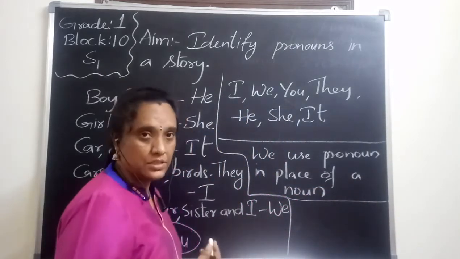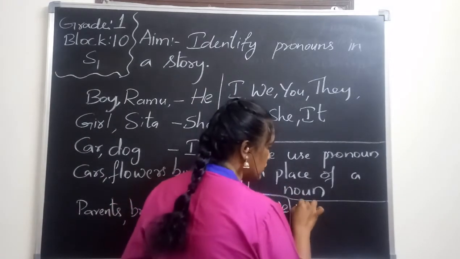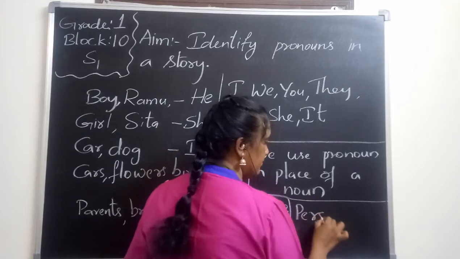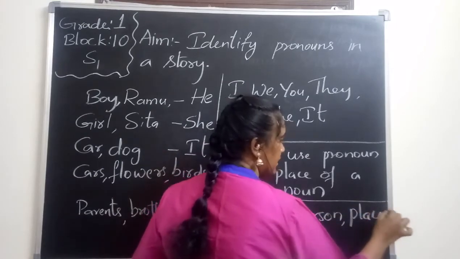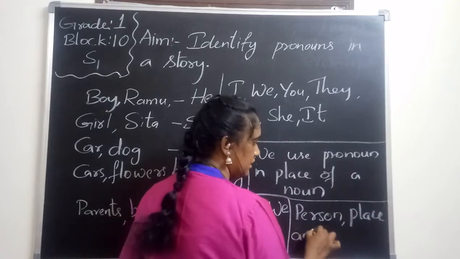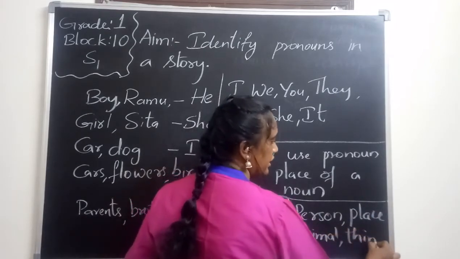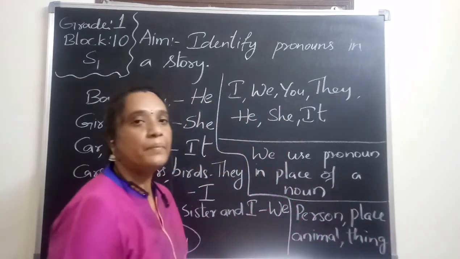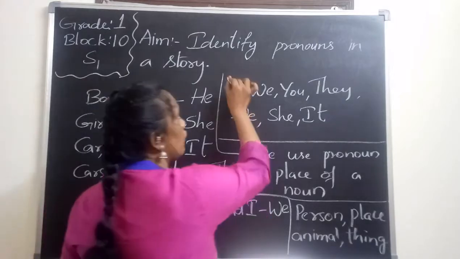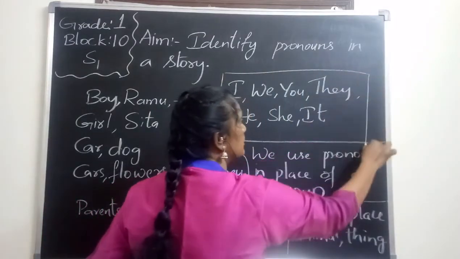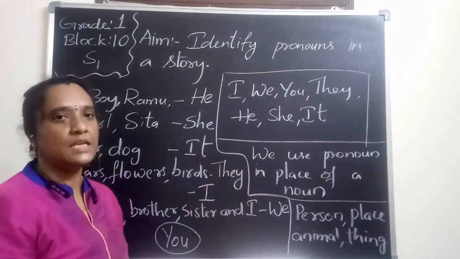Normally, for a noun, we take the names of a person, place, animal or thing. So for all these we use the pronouns. So the pronouns are I, we, you, they, he, she, it.